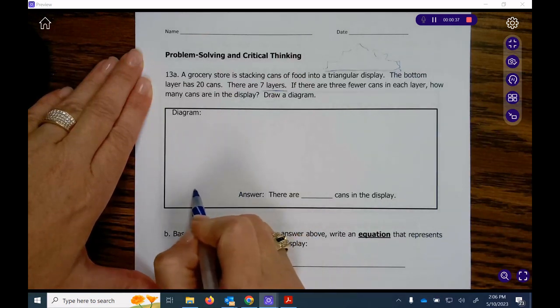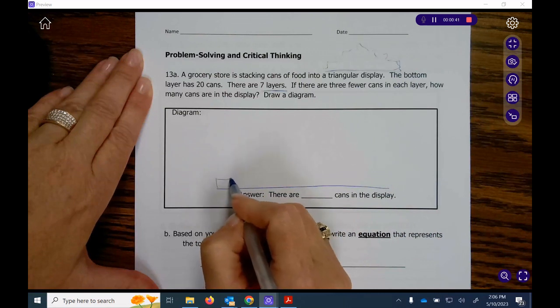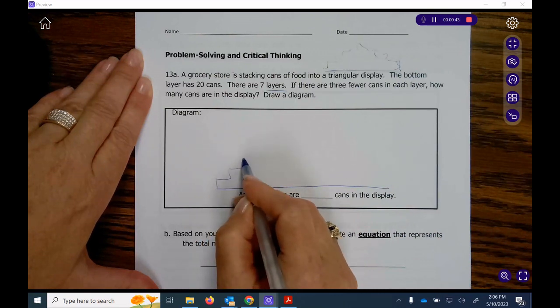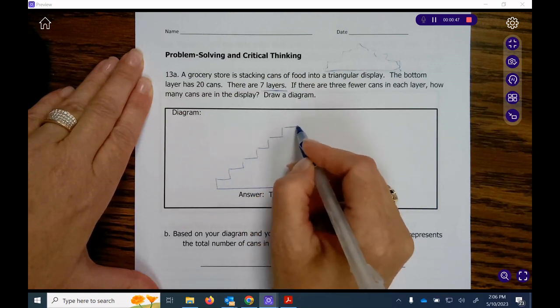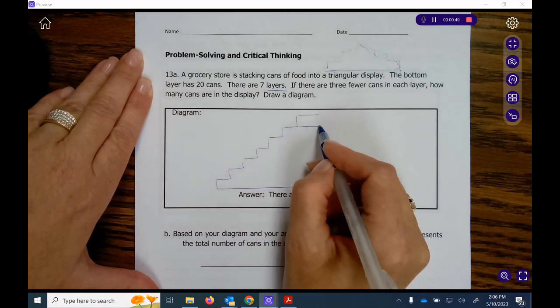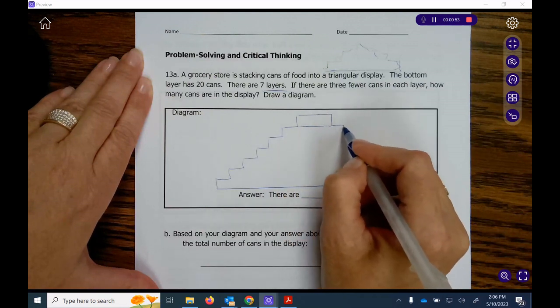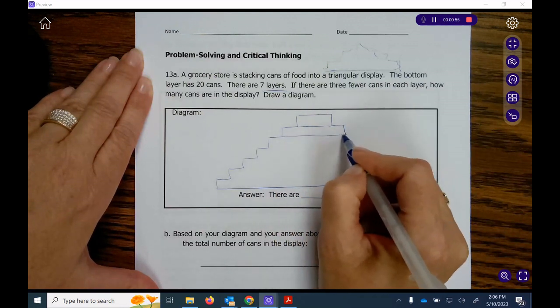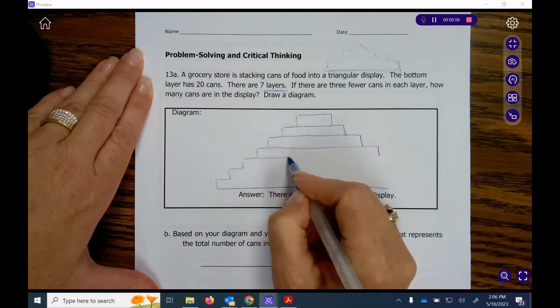So we're just gonna have to draw a little diagram here. And we're gonna go up 1, 2, 3, 4, 5, 6, 7. And then we're going to go down 1, 2, 3.